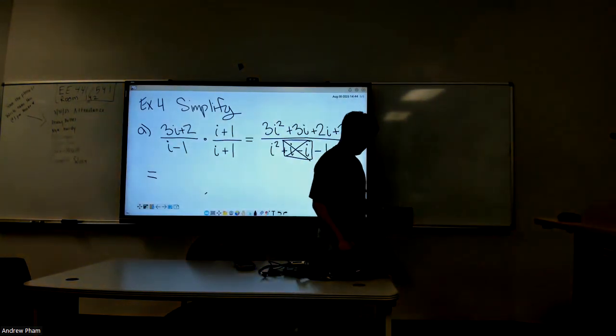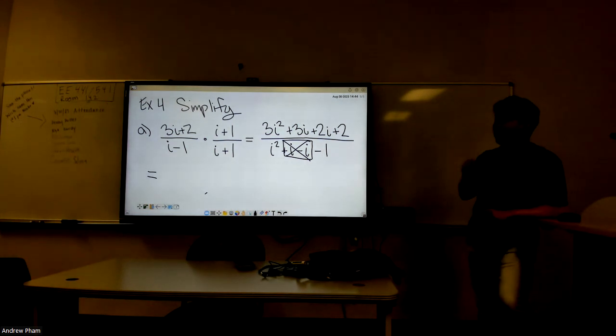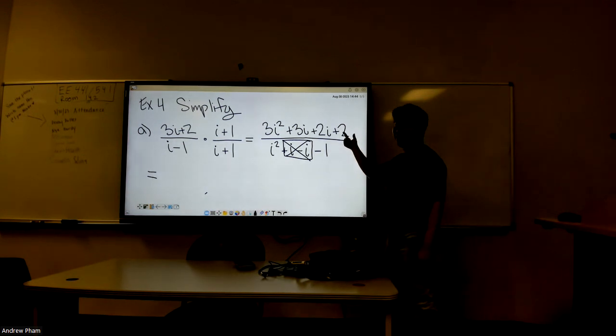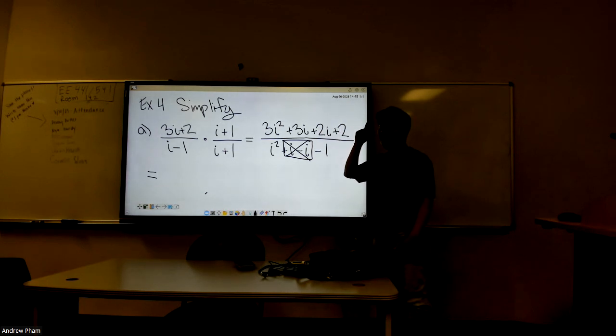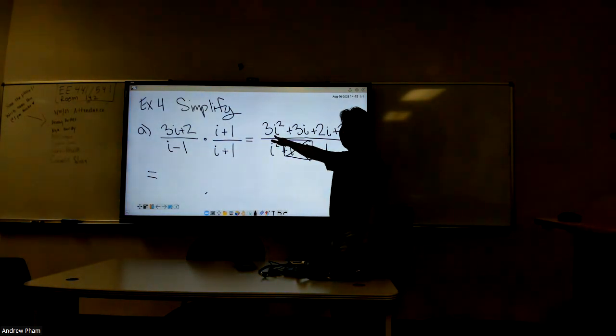All right, so I'm going to go through this a little quickly. Let's start off with the real numbers on top. What do you think is going to happen for the real numbers on top? Well, here I have 2. Am I going to be able to combine this with anything eventually? Right now, no, but eventually I will be, because I've got an i squared here.